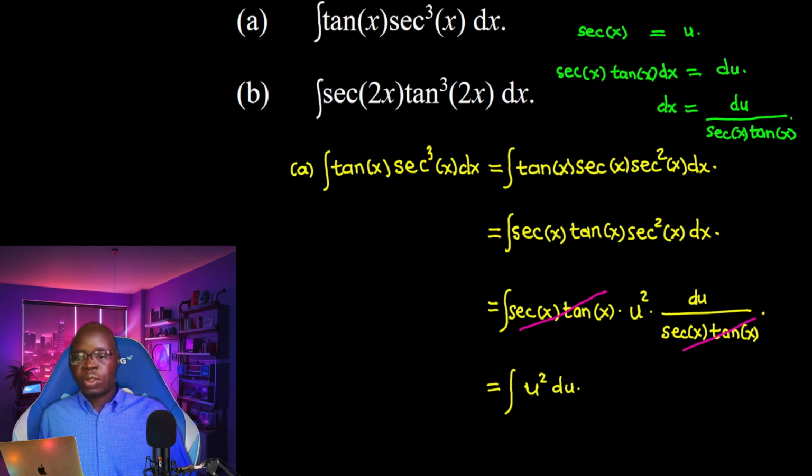Now next is to integrate that u squared with respect to u, and we obtain 1/3 of u exponent 3 plus the constant of integration. And finally, we just need to make our substitution back.